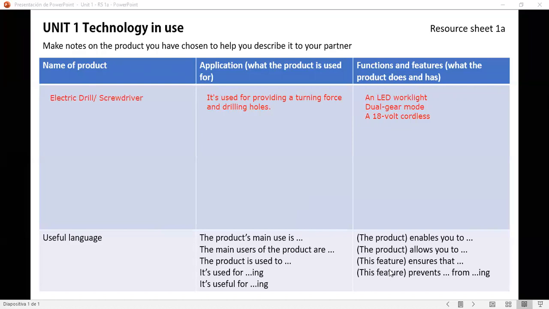Well, in this case, I can talk about... Which product do you think? Pliers. Do you know what pliers is? Pliers is like pinzas in Spanish.